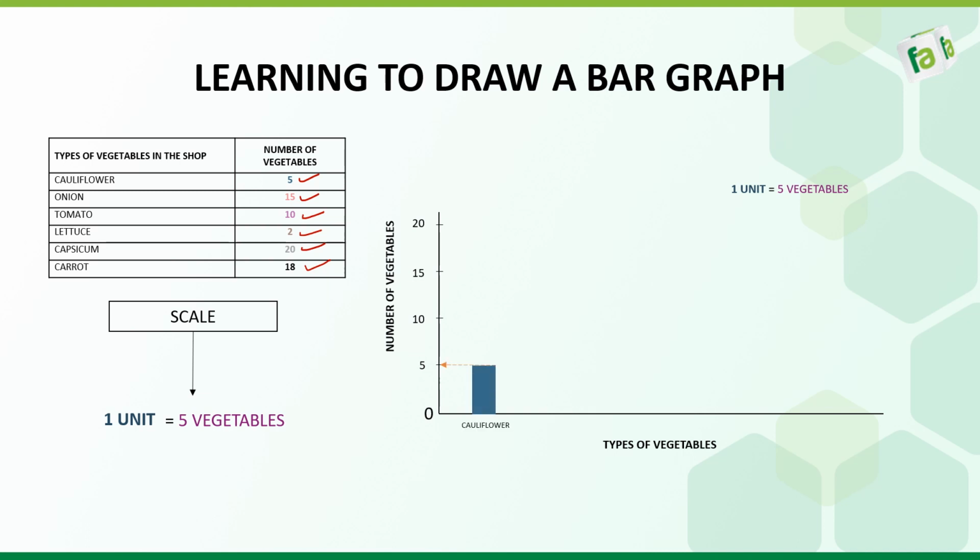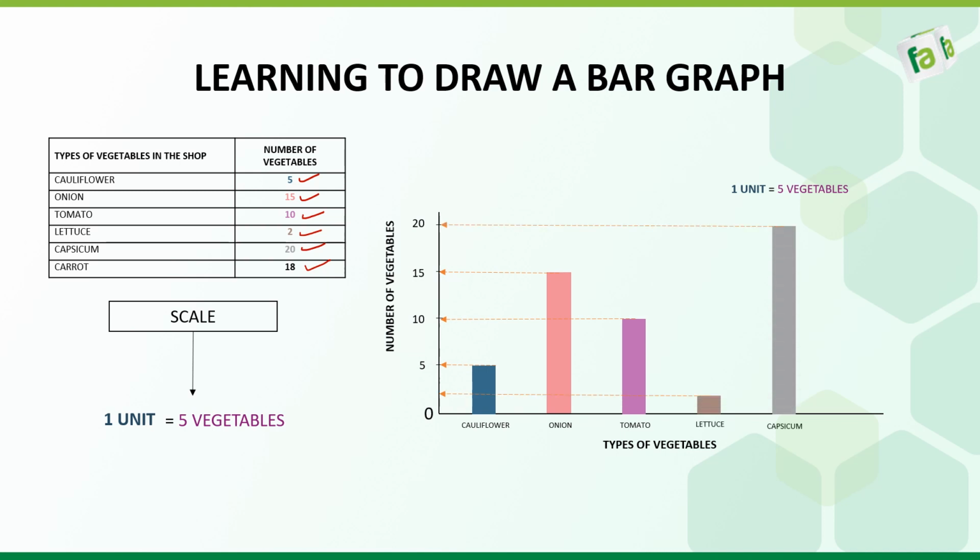Cauliflower at 5, onion at 15, tomato 10, lettuce 2, capsicum 20 and carrot, which is 18. Just keep in mind that the length of the bars should correspond to the data provided in the table. Also, they should be of uniform width and space them equally.